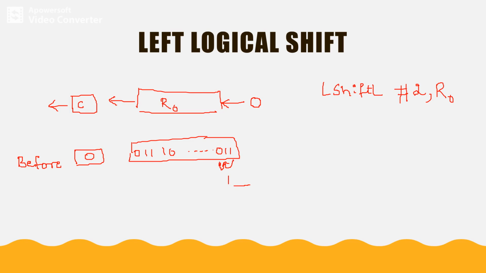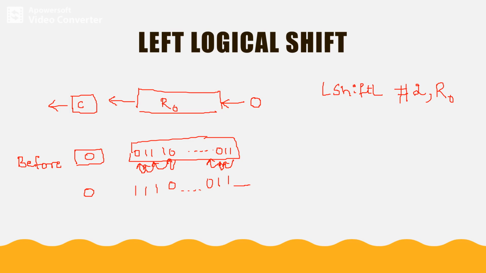This 1 will come to the previous location, this 0 will come to the previous location and so on, this 1 will come to the previous location, and 0 will be discarded. So I'll consider 0 over here with the carry.